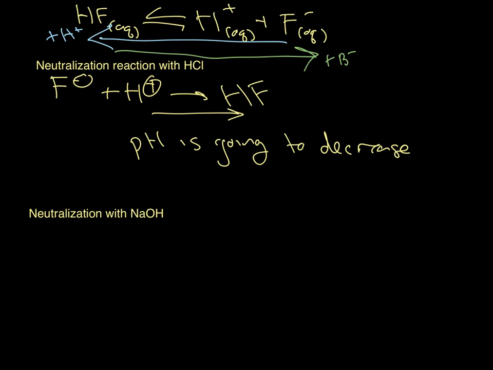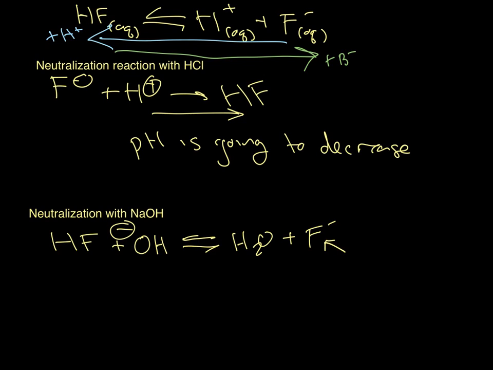That reaction is going to look something like this: HF plus our strong base, OH minus, is going to create H2O and more F minus, creating more of our conjugate base, which will make our solution more basic and increase our pH.